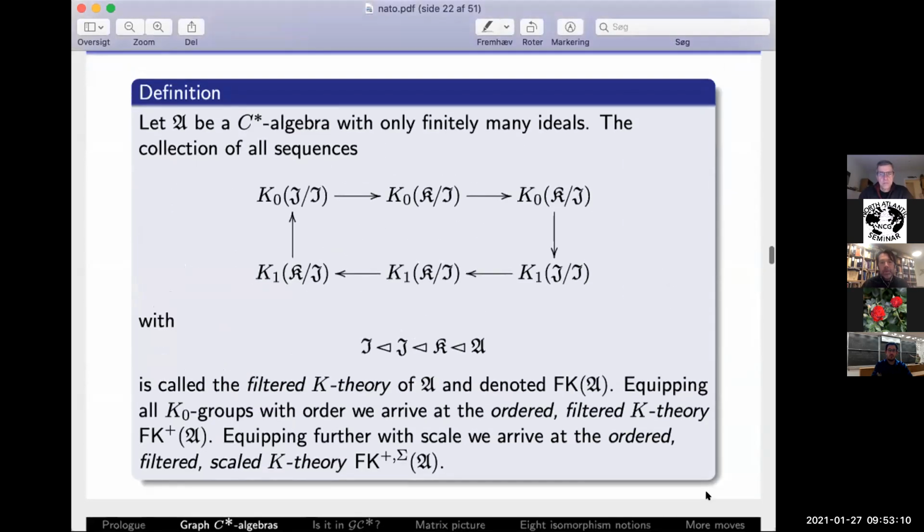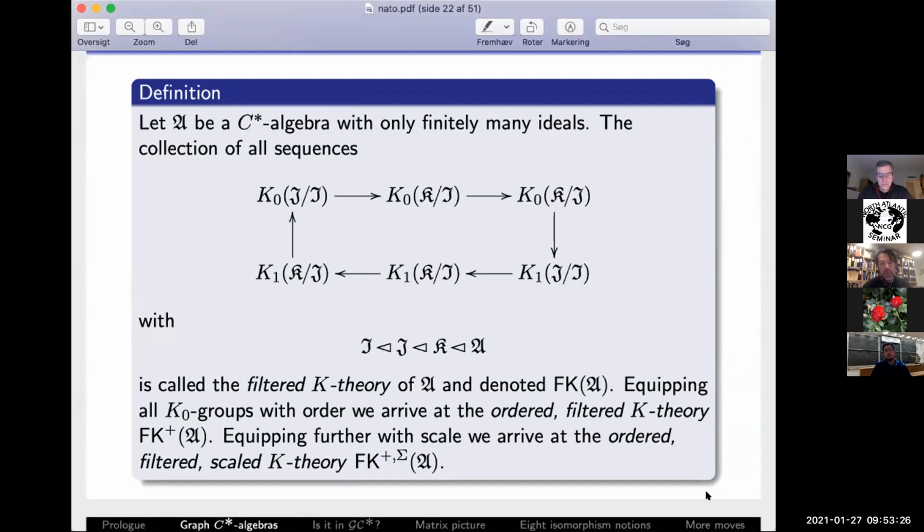What is a scale? The scale is what you need if you want an on-the-nose isomorphism, not just a stable isomorphism, but an honest star isomorphism. Then you need to keep track of the size of the matrices you're dealing with.